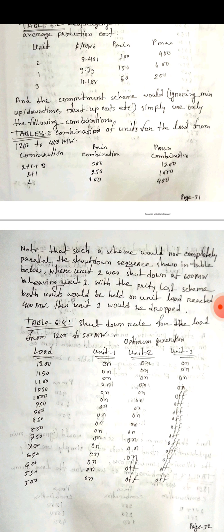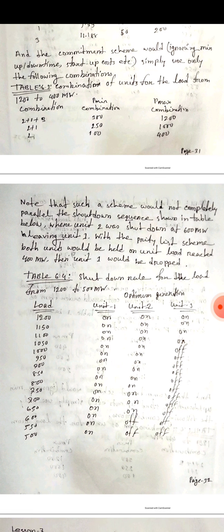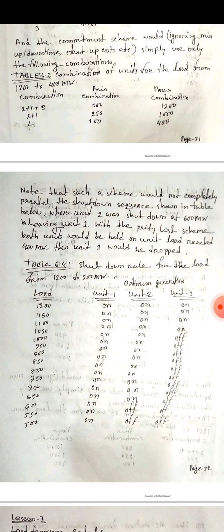Table 6.4, shutdown rule for the load from 1200 to 500 megawatt. This is load, optimum generation, unit 1, unit 2 and unit 3.